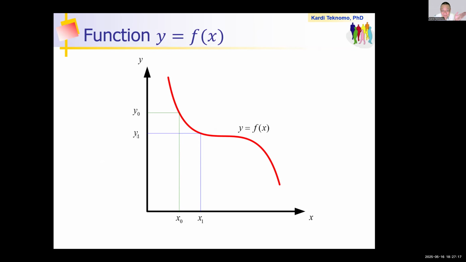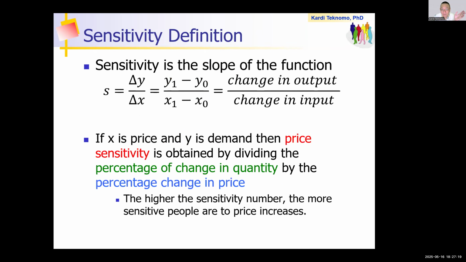That's exactly the meaning of sensitivity. So S is sensitivity, just the ratio of the change, delta y divided by delta x. That's it. Simple.